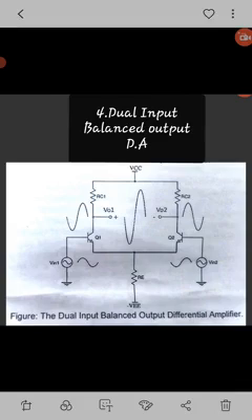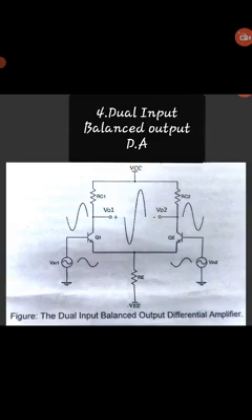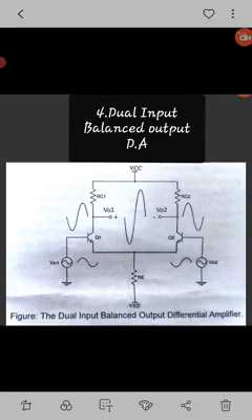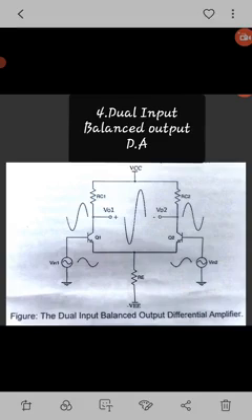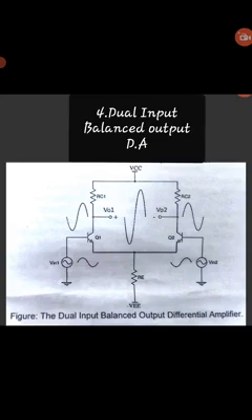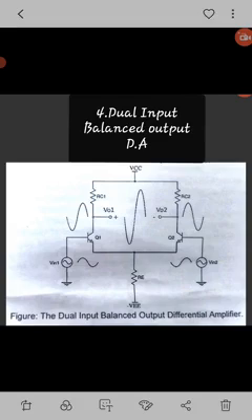And when V in 1 is less than V in 2, the output voltage V out appears with polarities opposite to the previous one. That means the output gives totally opposite polarities. For effective operation, the components on either side should be properly matched.